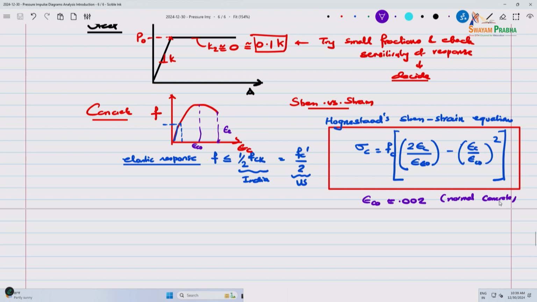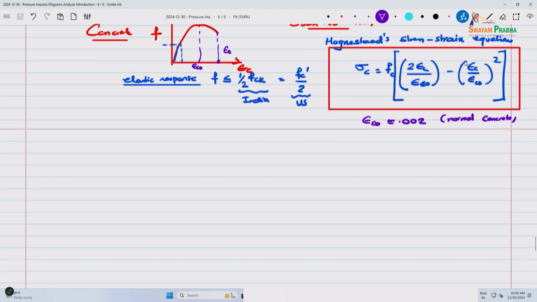So then, when you do hand calculations, we use the elastoplastic shock spectrum.